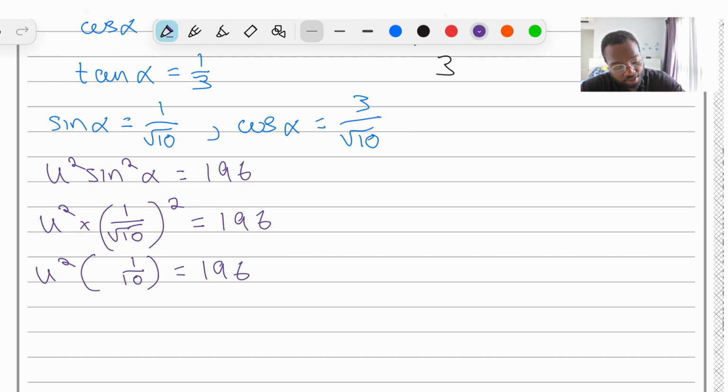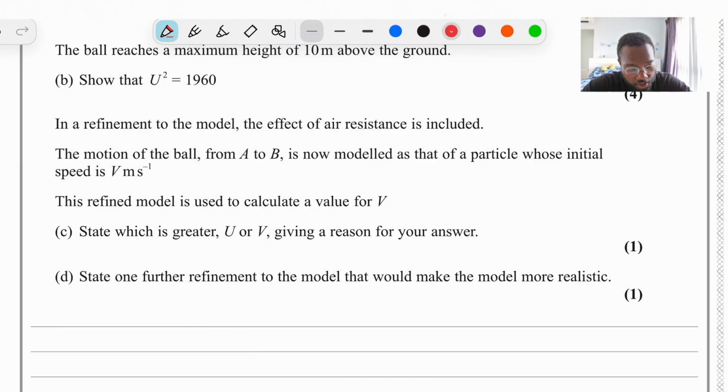So if we divide by 1 over 10, we are left with u squared equal to 1960.